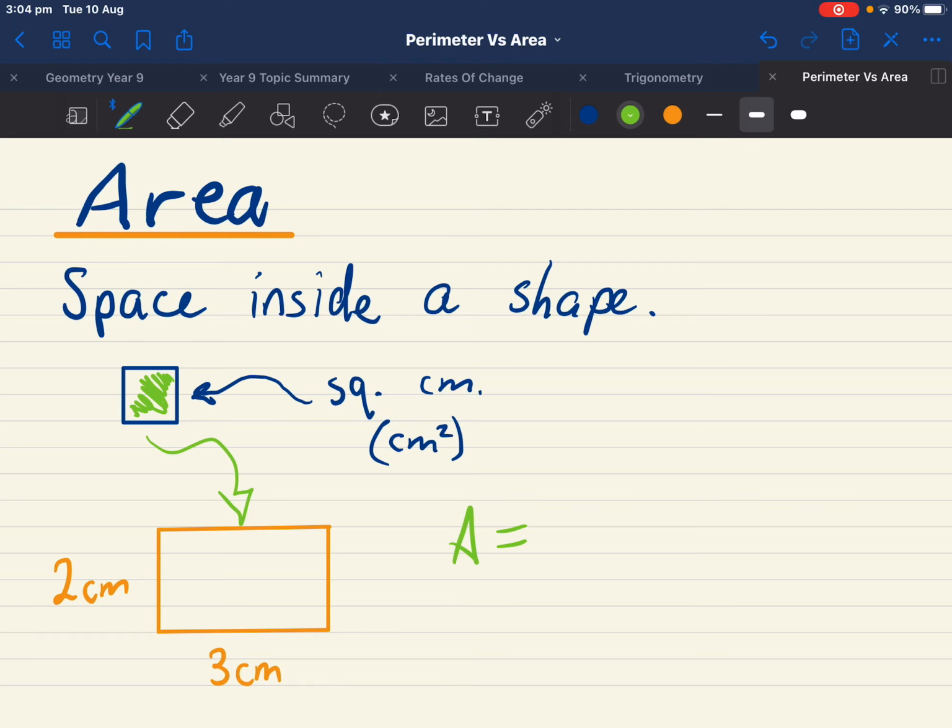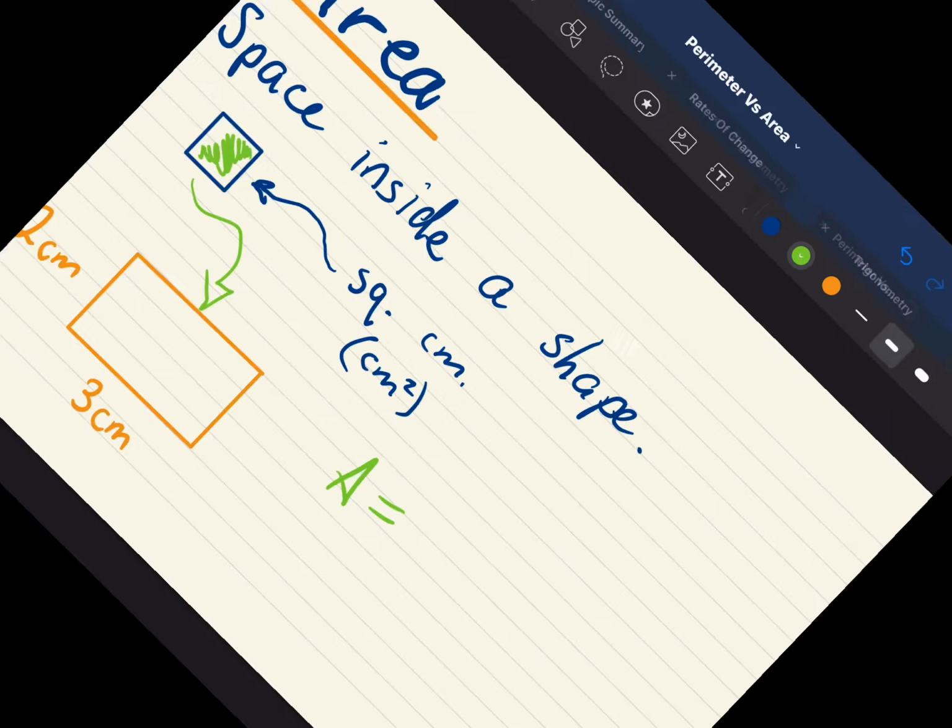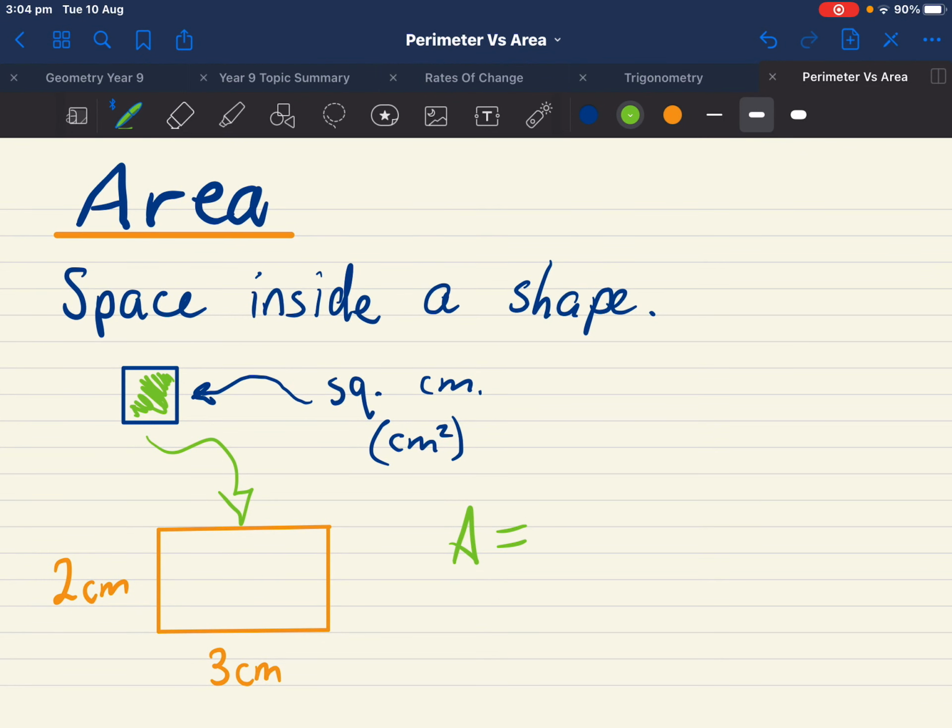So I guess what you could do is split the shape up. Not that I'd recommend this way, but you could. It's 2 centimeters high, so I'll split it up into the 2 centimeters, and it's 3 centimeters long. If we break it up into its square centimeters, you can calculate the area just by very simply counting, right?